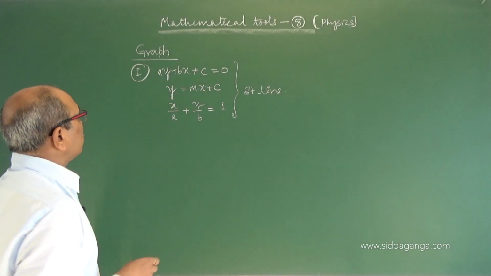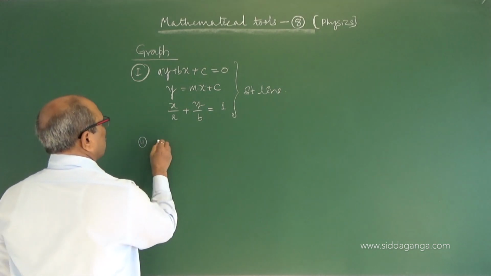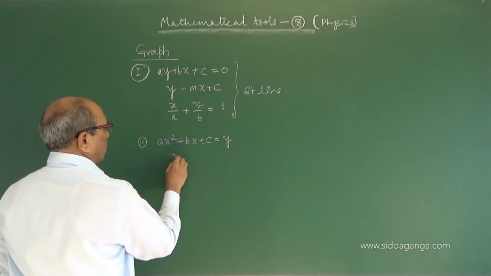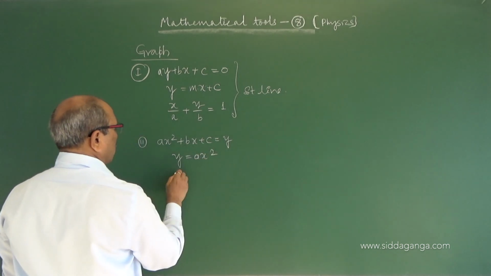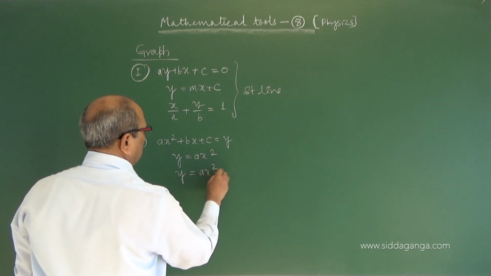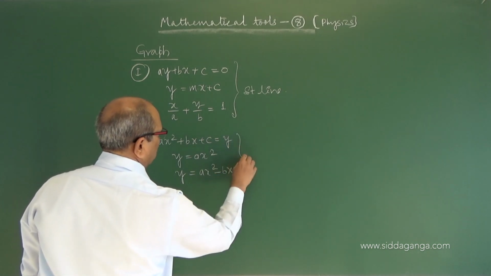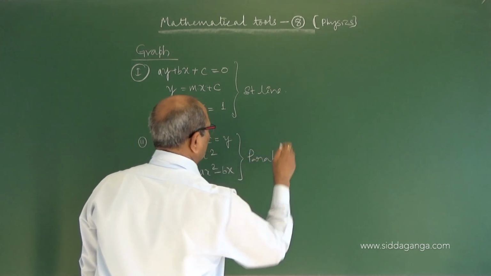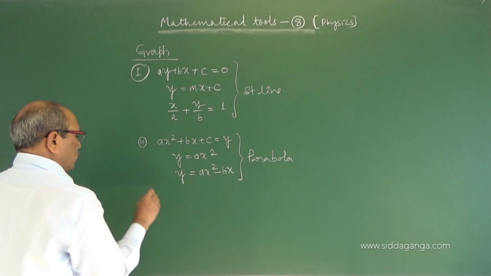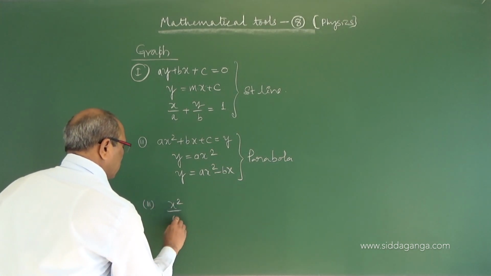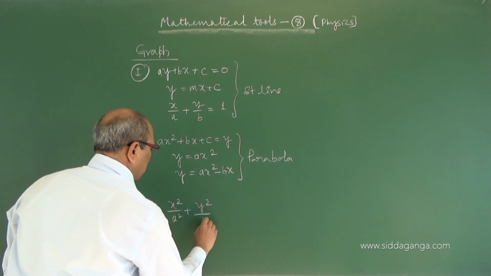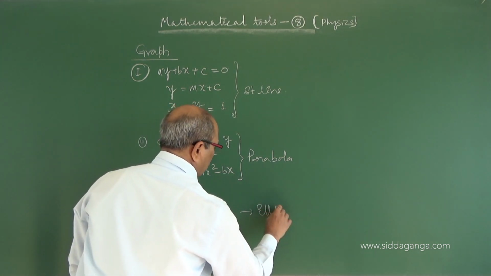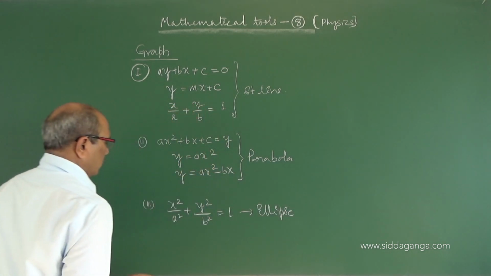The second: ax square plus bx plus c equal to y, or y equal to ax square, or y equal to ax square plus or minus bx. It is a parabola. Third, x square by a square plus y square by b square equal to 1 leads to an ellipse.